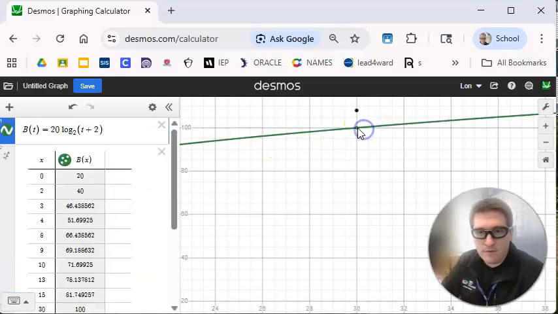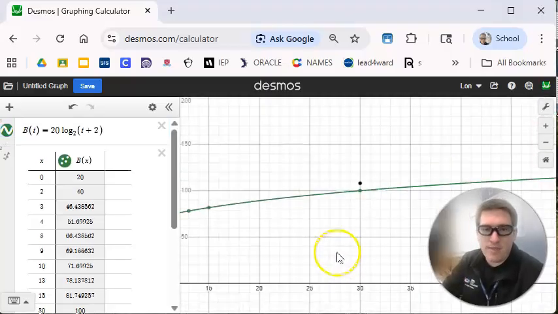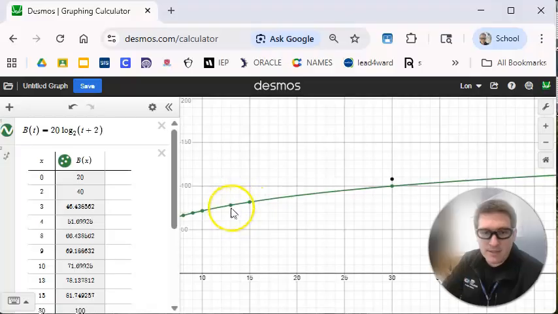But the curve shows that the projection is that we're only going to sell 100 books. And the reason why that happened is that if I assume a straight line from these last two data points, it's obviously going to be higher estimate than what the logarithm is giving me.